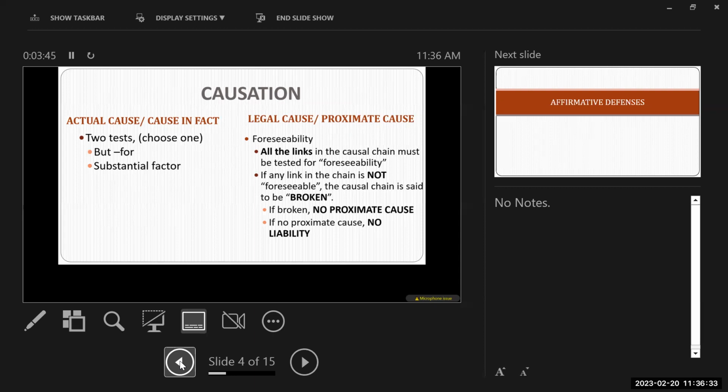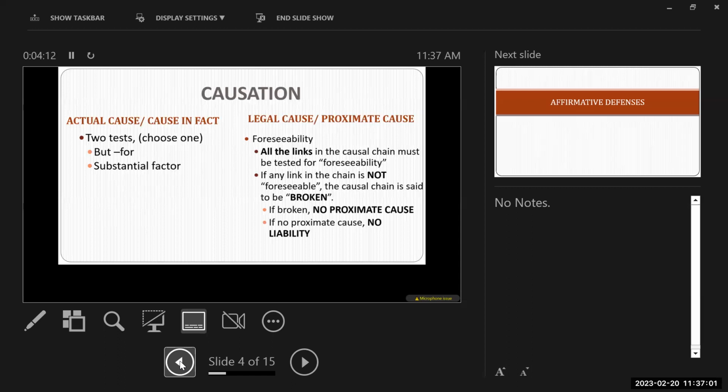The second element, which is breach, is defined as, according to the perspective of a reasonably prudent person in the defendant's position, the defendant failed to use reasonable care to avoid a reasonably foreseeable risk.